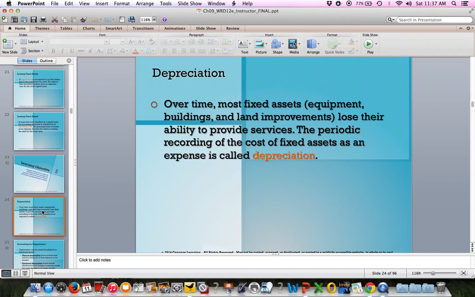If I buy a delivery van and I expect that van will last for 5 years, I would record some expense every year for the next 5 years to depreciate the cost of that van over its useful life. And that's depreciation: basically matching use through expense to every accounting period we use the asset.